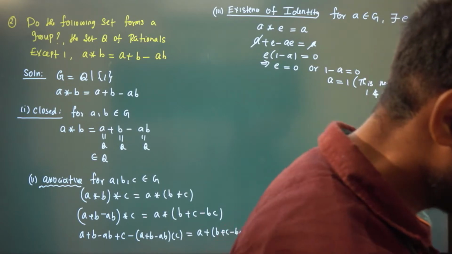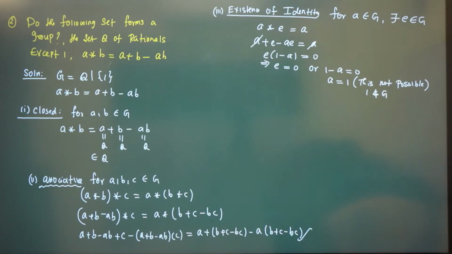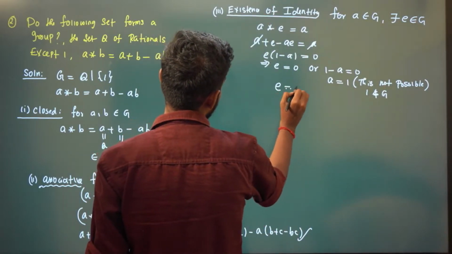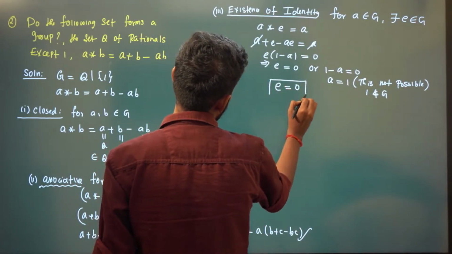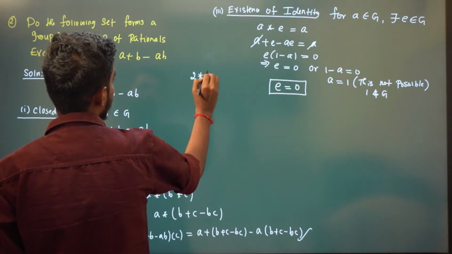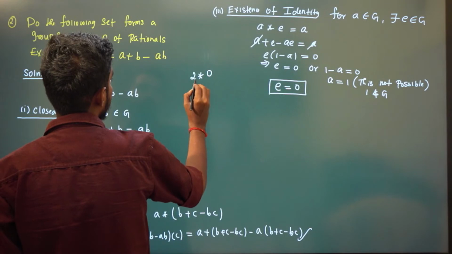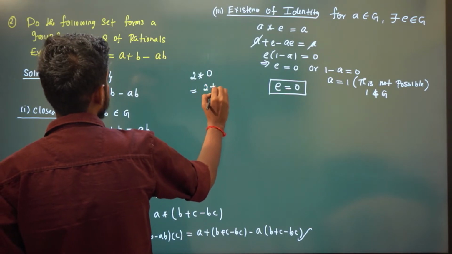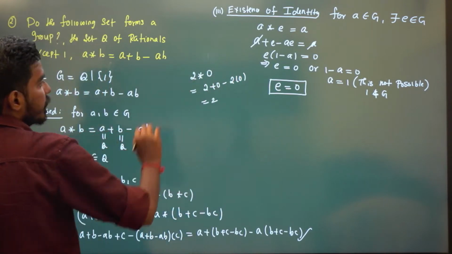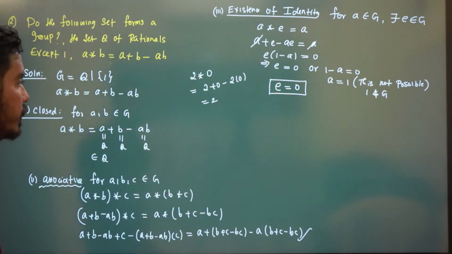That means E has to be 0. So E is equal to 0 is your identity element. For example, you take any element, you operate with 0. So it is 2 plus 0 minus 2 into 0. So you'll get 2 again. Right? So E is equal to 0 is the identity element.